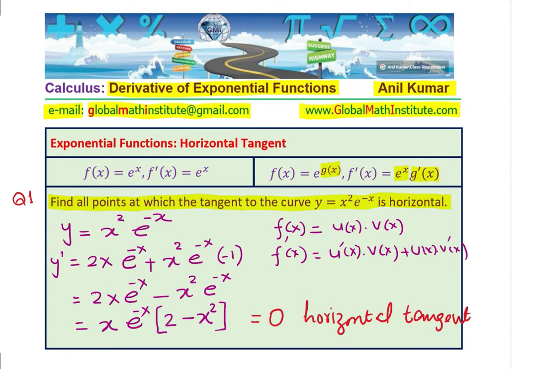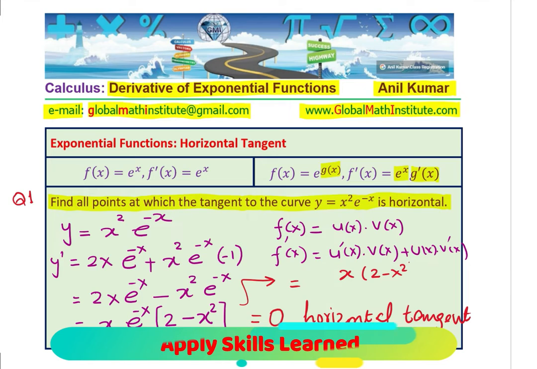So let me rewrite it here, which is x times 2 minus x squared over e to the power of x.